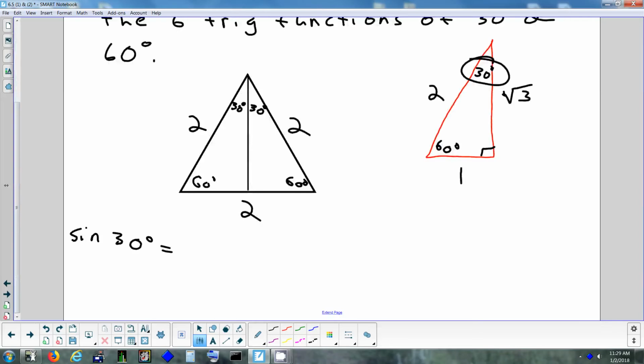Okay, so sine of 30. Brandon, what's the sine of 30 here? It would be 1 over 2. Yep, 1 over 2. Wyatt, my cosine of 30?